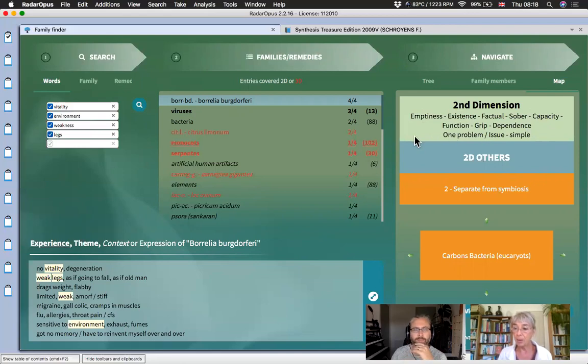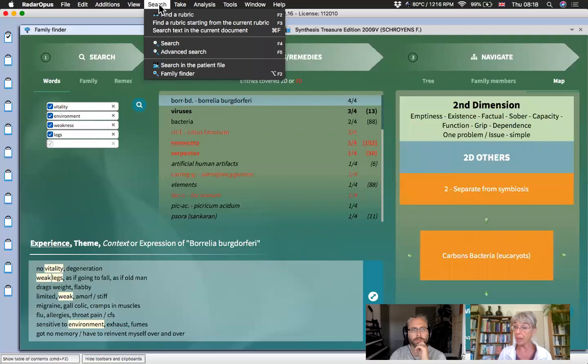So the black type represents 2D and the red 3D. So that makes it easy because you see at first glance which dimension you have to choose. If you still have doubts and you go to the actual 2D or 3D, you also have the rows on which the bacteria or the viruses are positioned.